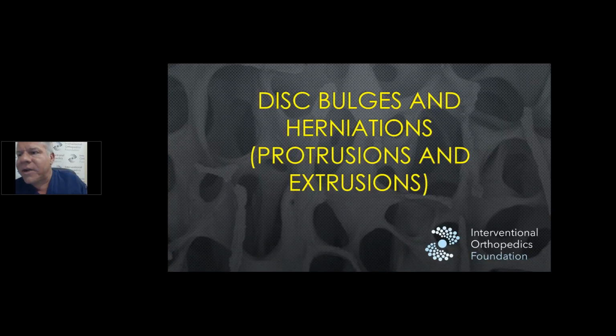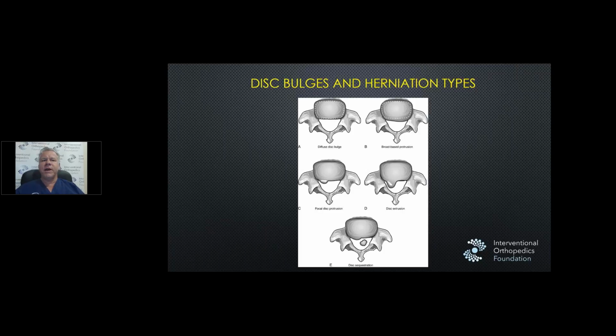Okay, so you got the idea of what was going on and how to follow the nerves from the bottom up. Now that we have some sense of how to find the nerves at any given axial slice, let's talk a little bit about disc bulges and herniations, protrusions and extrusions. So, disc bulge and herniation types.